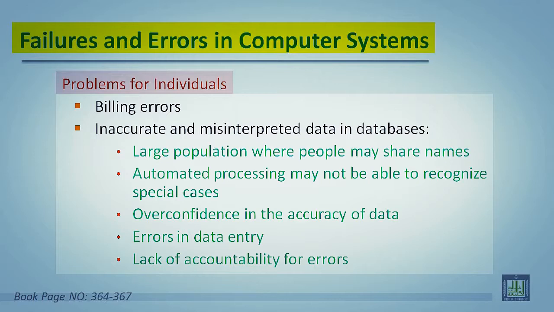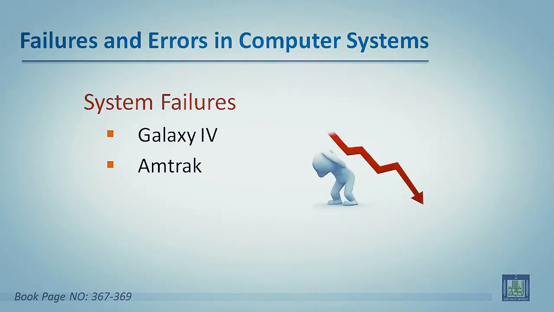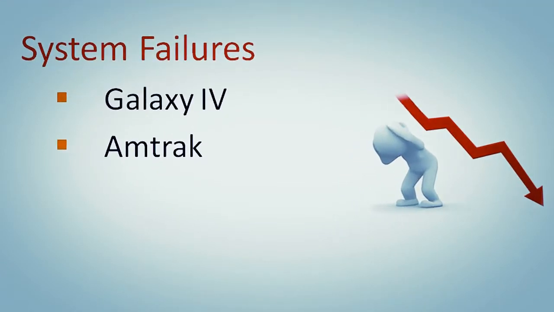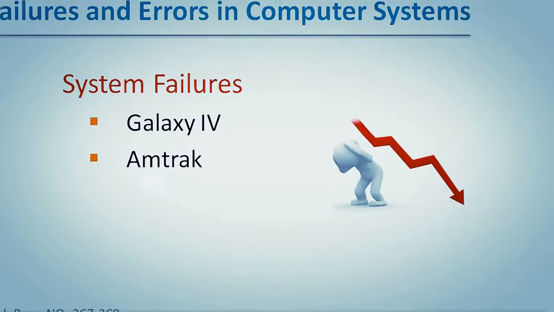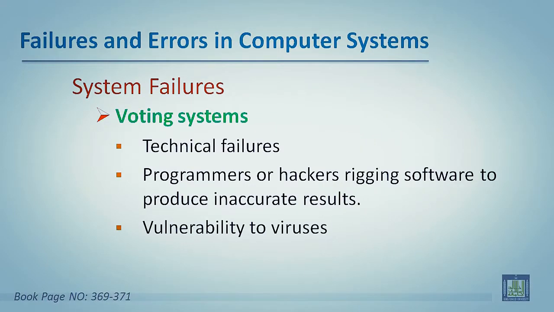This is an example of errors that cause problems for individuals. Here are two examples. You can return to the book and read more details about them. These are Galaxy IV and Amtrak, examples of system failures in some specific systems.